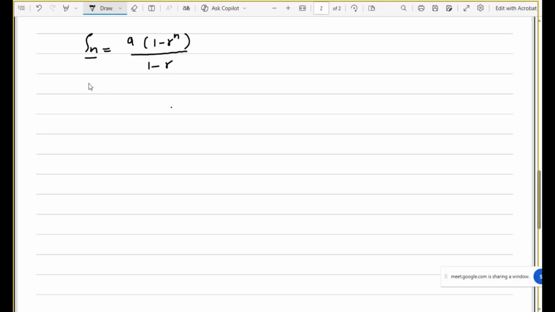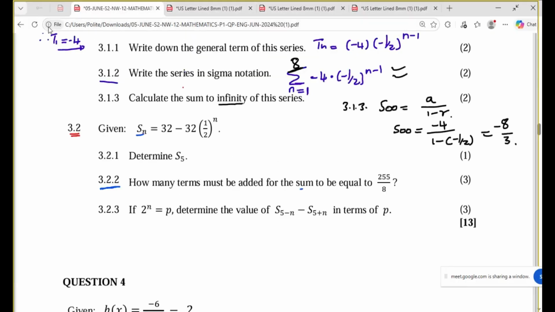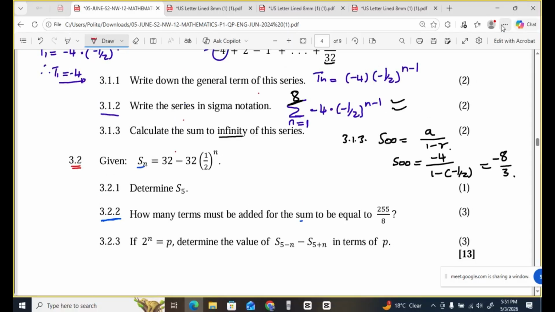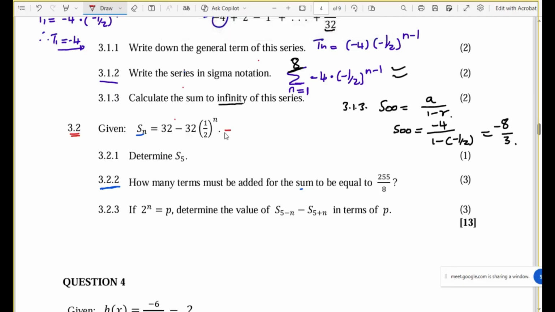But now they said the sum is 225 over 8, which is equal to... I need us to do the substitution, but I'm also confused when it comes to finding the value of a, when it comes to finding r. But let's go back, maybe we'll find something to work on there. So I'm just going to look at this equation here. When I look at this, it's in the form of, how can I say this?